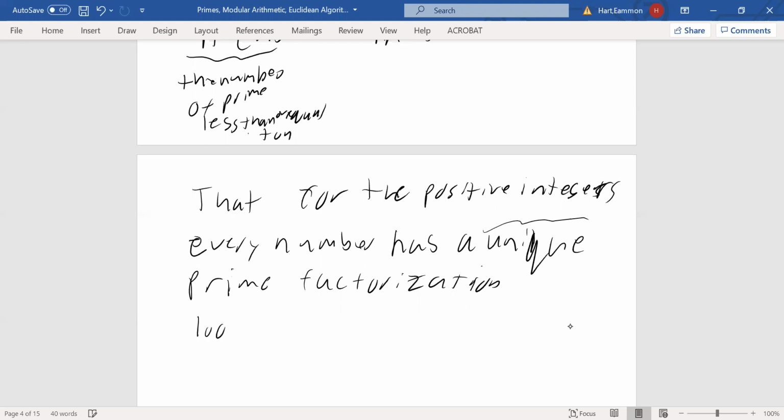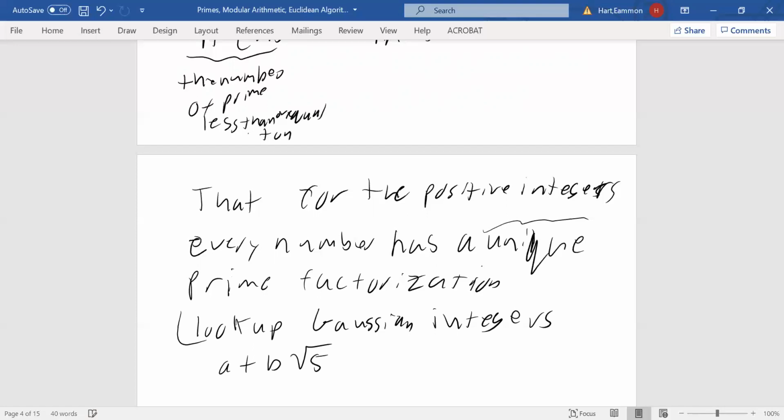If you look up Gaussian integers, so they look like a plus b root 5, where a and b are integers, you will see that actually no, not everything has a unique prime factorization. You can get things through several different prime factorizations. So both of these guys are in the integers.